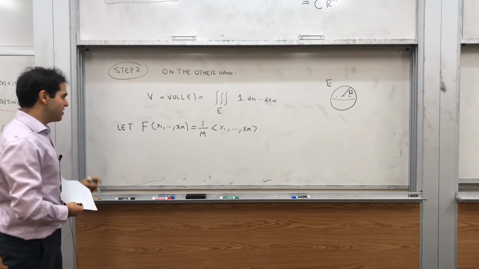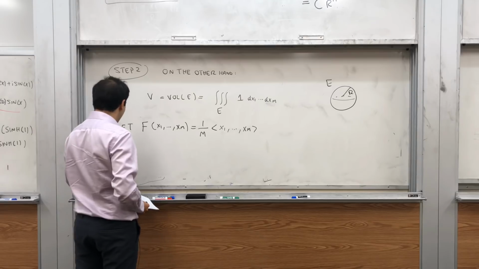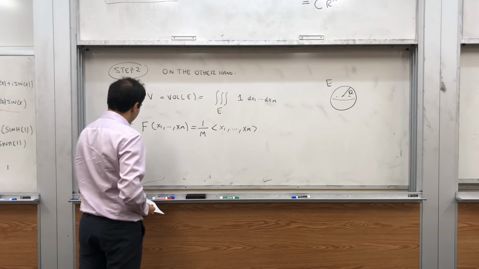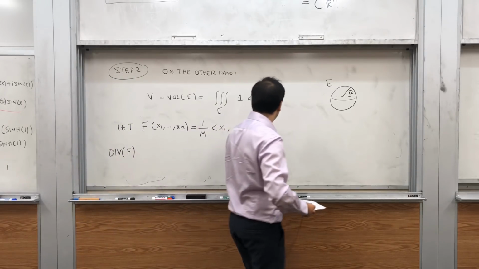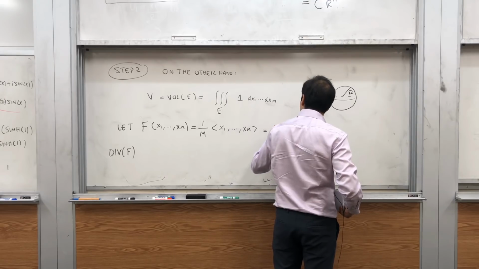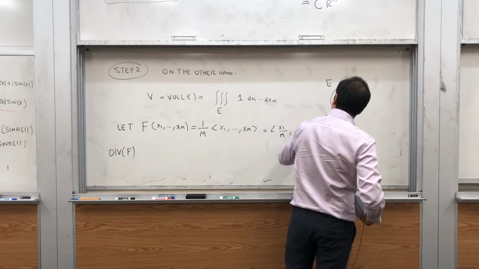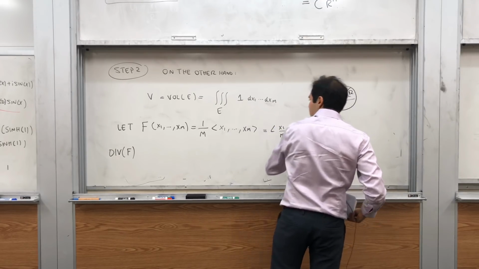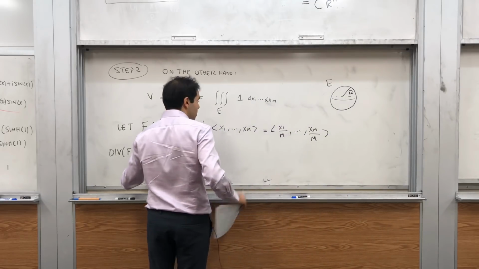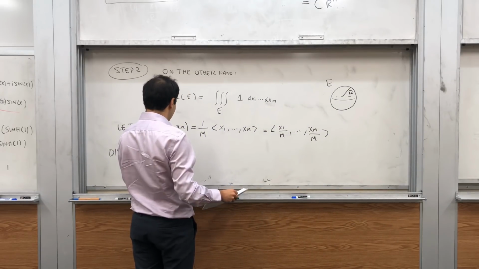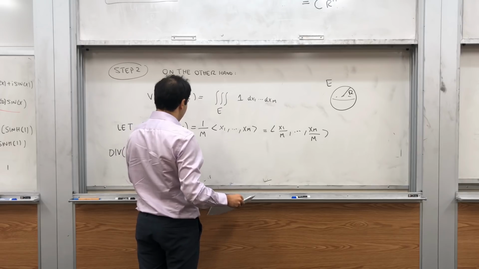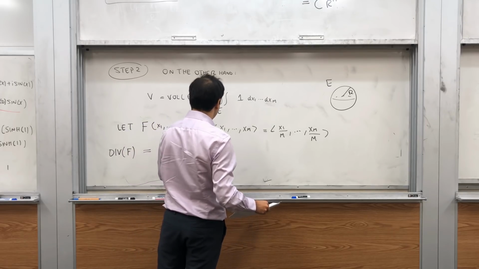Why do I do this? Because notice then the divergence of F, and again this just becomes x1 over m, up to xm over m. So what is the divergence? You take the first component, x1 over m, differentiate with respect to x1.